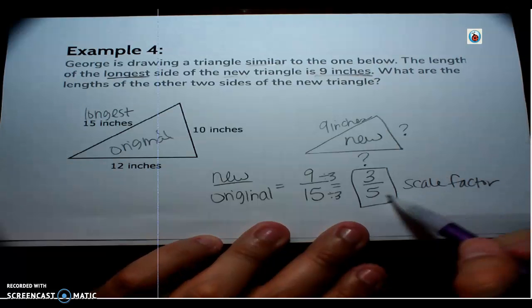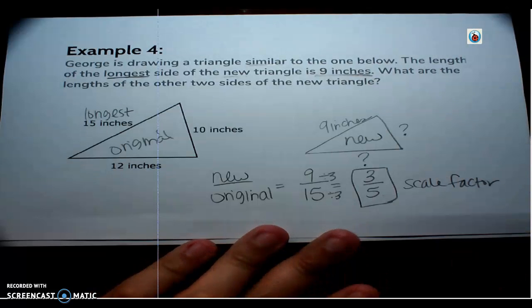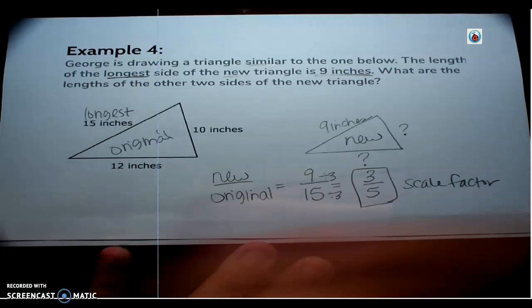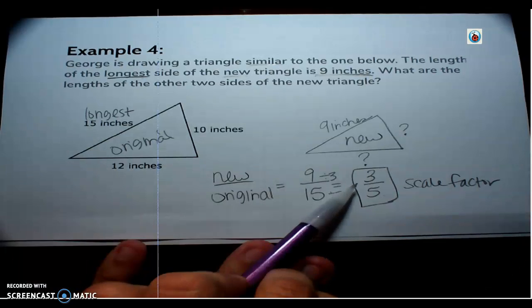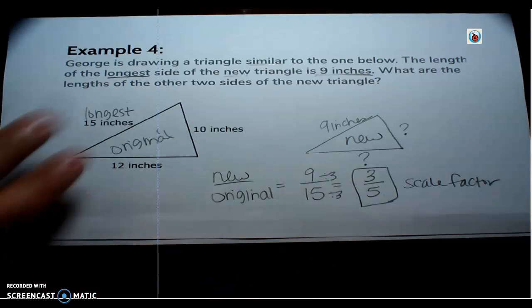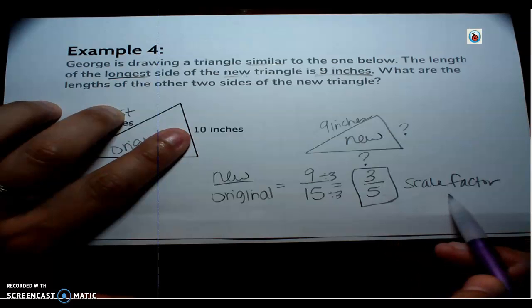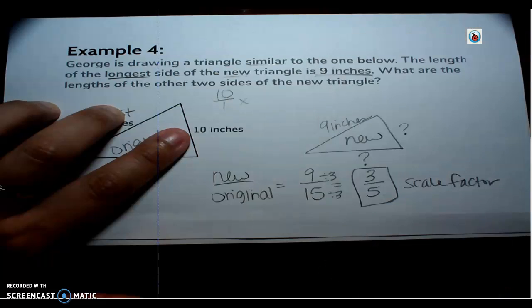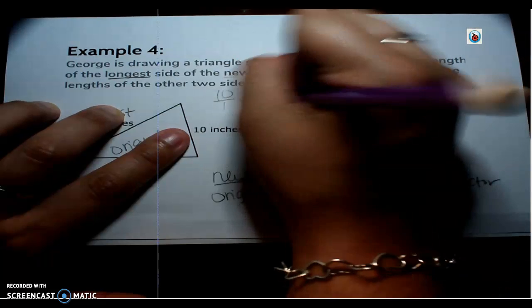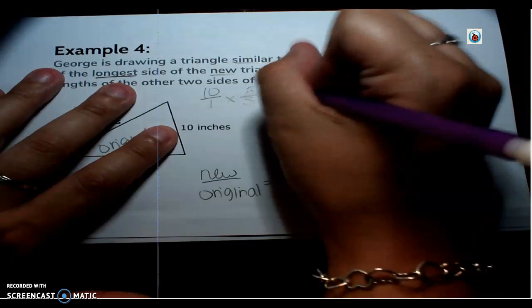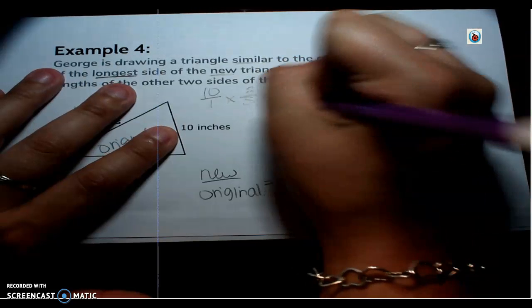So he's using a scale factor of 3/5. And so remember in the first video I told you for scale factor what you can do is just take the original number and multiply it by the scale factor to get the new value. So we're going to do that with a 10. So 10 times the scale factor of 3/5. So I need to turn the 10 into a fraction by putting it over 1, times the scale factor of 3/5. So fractions just multiply straight across. 10 times 3 is 30. 1 times 5 is 5.